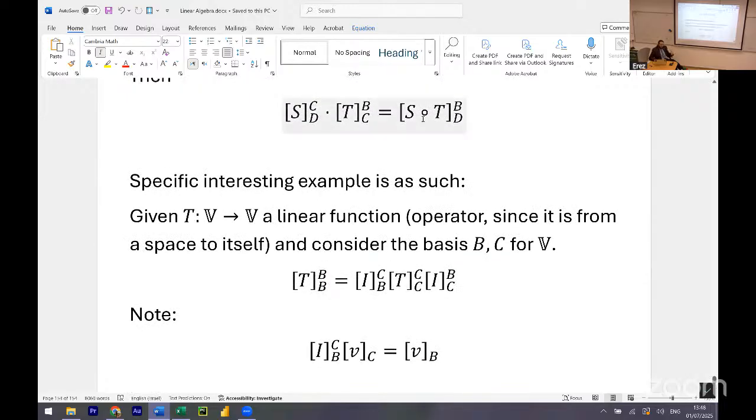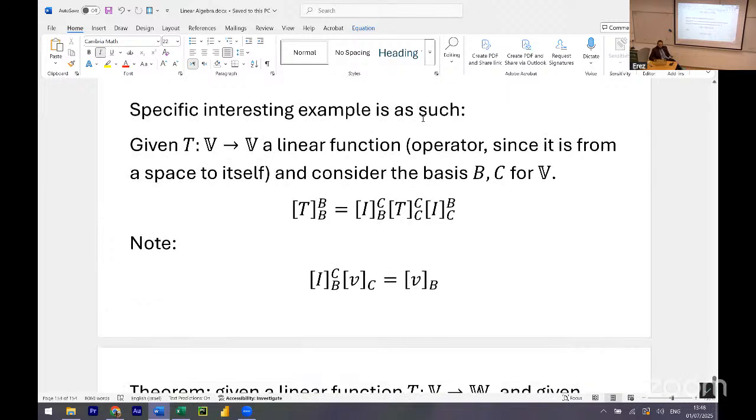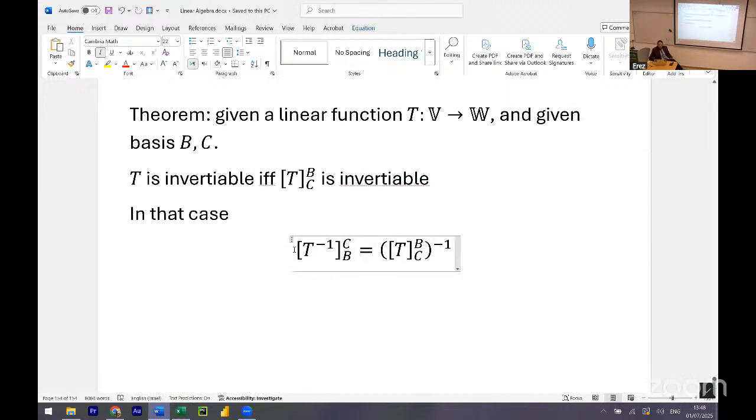If you have an exercise of finding the inverse function, find the representing matrix, which we just learned, and then invert it using Gauss elimination. That's why most of the course is in the language of matrices, but what we're actually interested in are the linear functions.